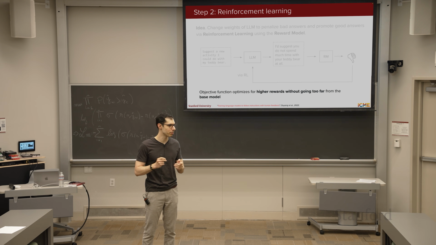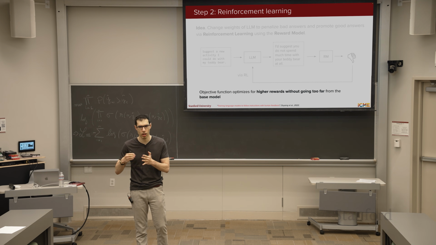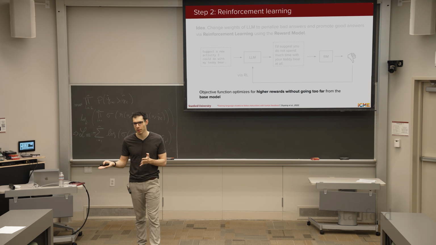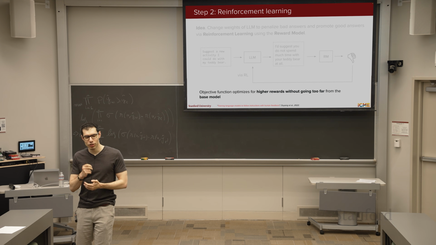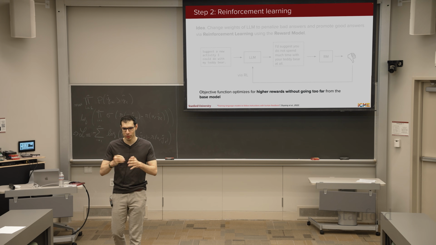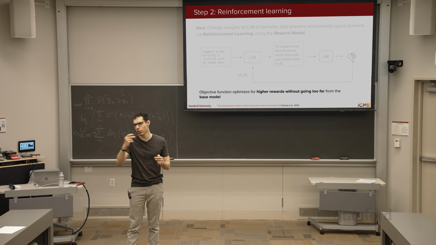So why would that be? Why would we want to not deviate too much from the base model? One suggested answer is that it will catastrophically forget what it has learned. Why would that be a problem?